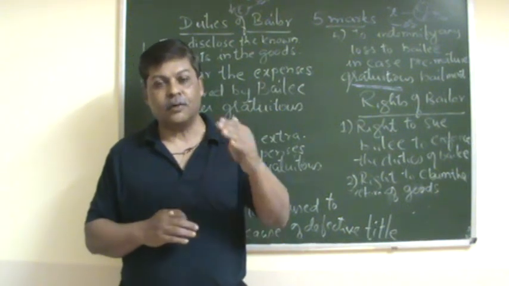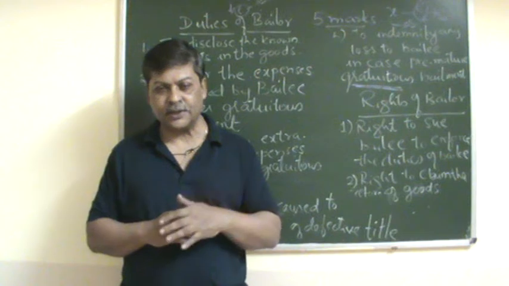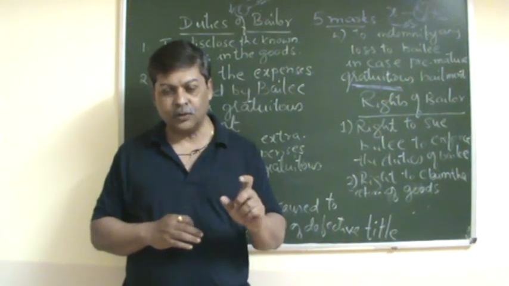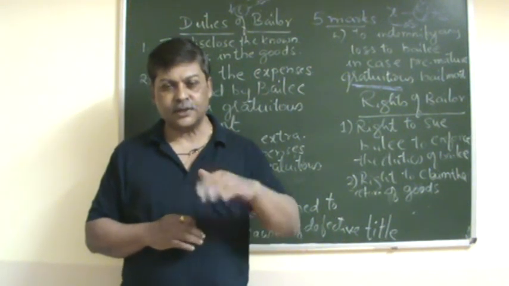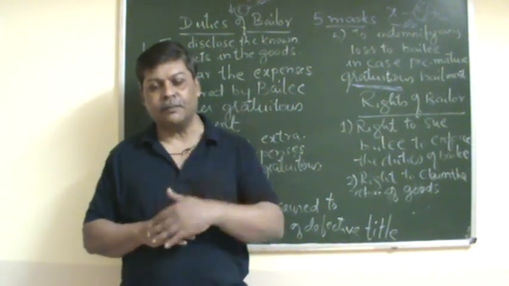And remember, I have already sent a message about modules 1 and 2. Modules 1 and 2 are for your first internals, which are going to commence shortly, from Monday or Tuesday.